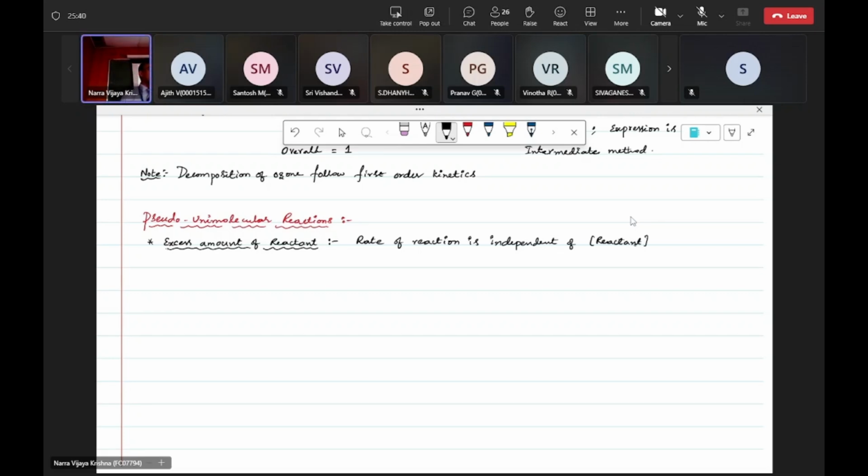Independent of concentration of reactant means what have I taken? What is the power I have taken? 0. It is independent of concentration of reactant, which means I have taken its power as 0.